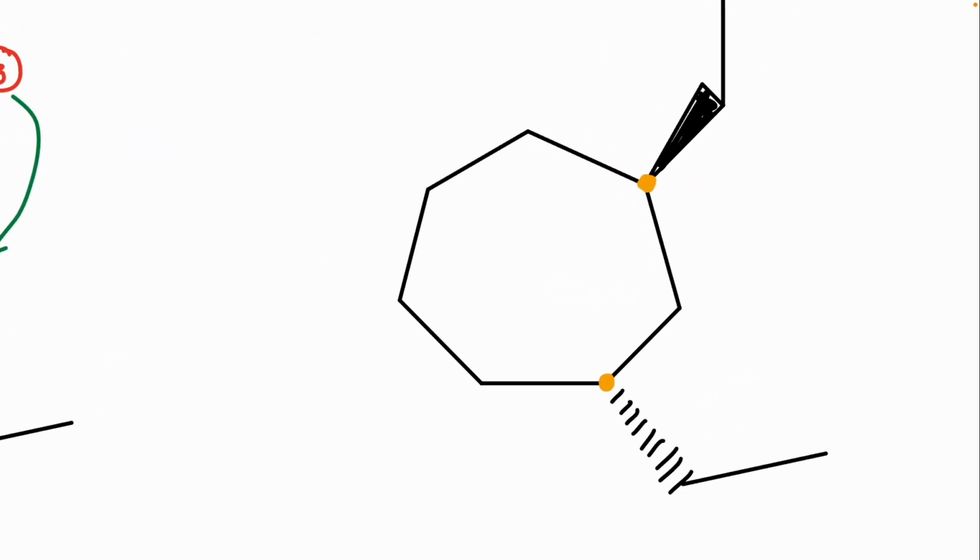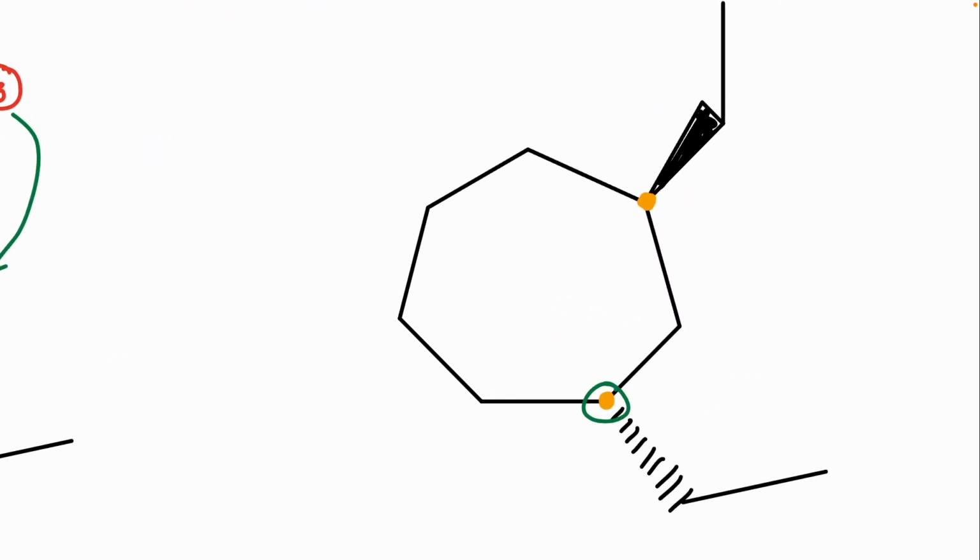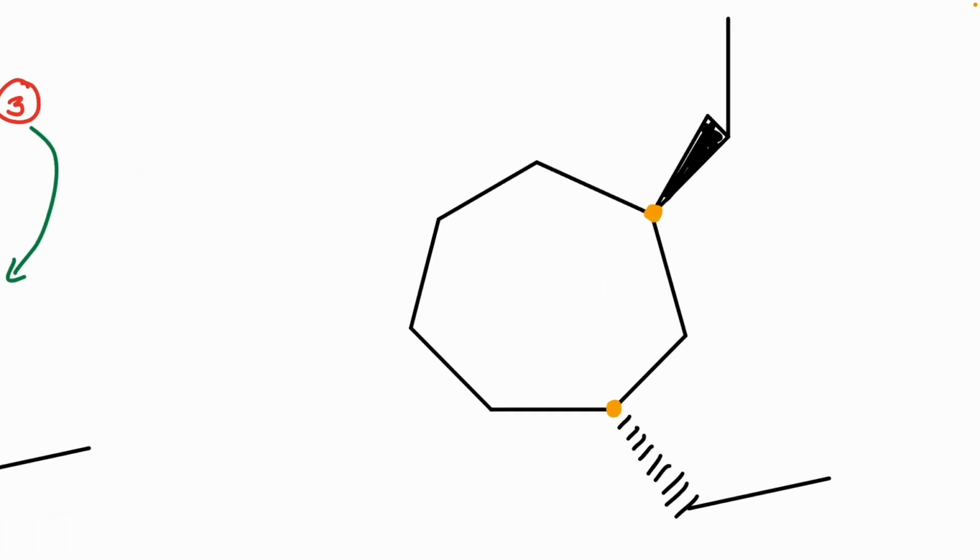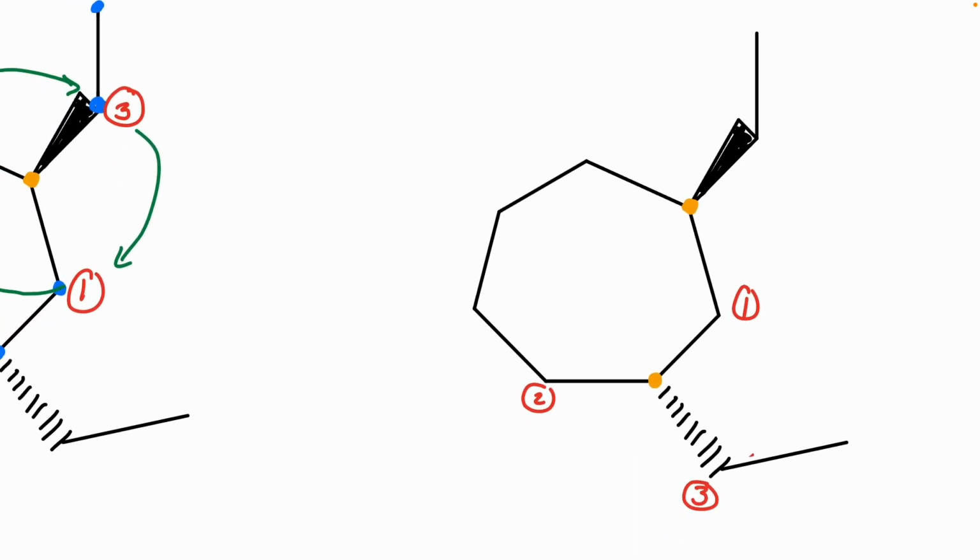Okay, so now let's focus on this next stereocenter right here. Again, if we say A, B, and C, which one's the highest priority? B. What's the next highest priority? A. And C would be last here. So now I'm going to connect these: 1 to 2, 2 to 3, 3 back to 1.